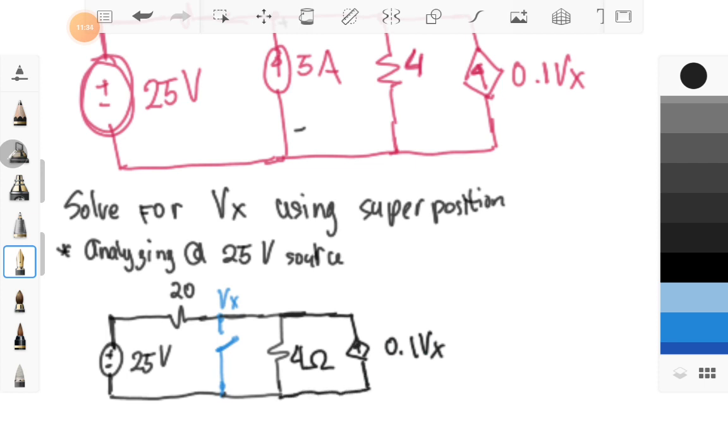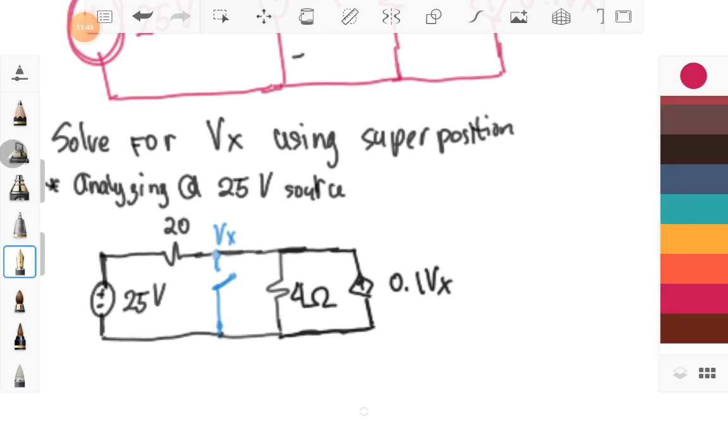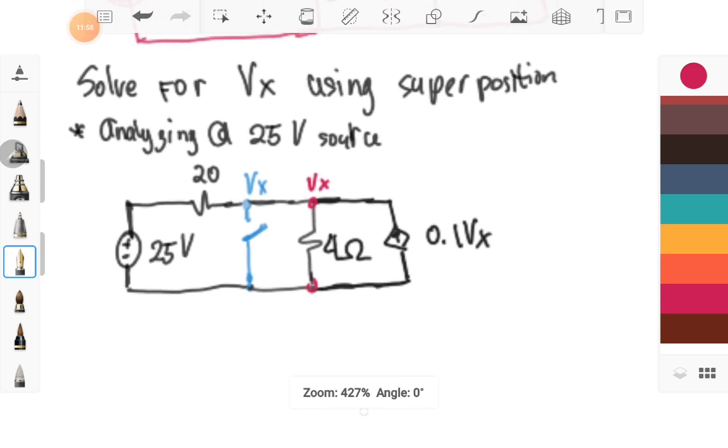Ayan. So, ano mapapansin nyo, we can actually solve for Vx immediately because this voltage source is parallel to 4 ohm, so therefore this is also Vx. Tama? So therefore, meron tayong isang node. Let's say this will be your node Vx. Okay, I may use my nodal analysis.